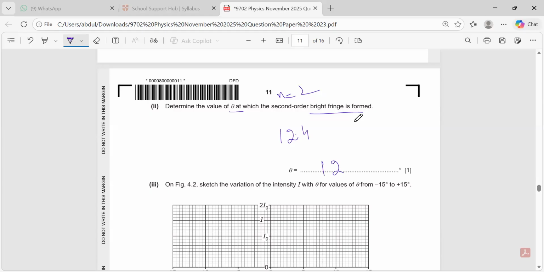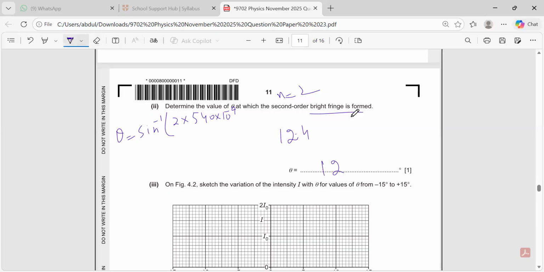Or even you can write the formula that theta is equal to, dear friends, sine inverse, and n is 2, then 540 times 10 raised to the power of minus 9 over 5 into 10 raised to the power of minus 6.